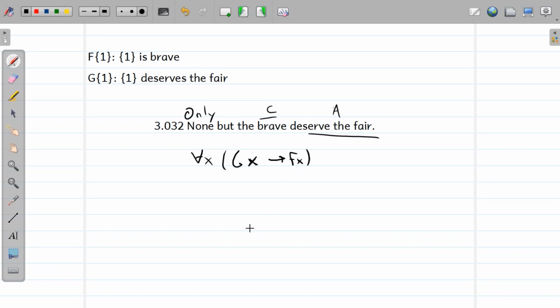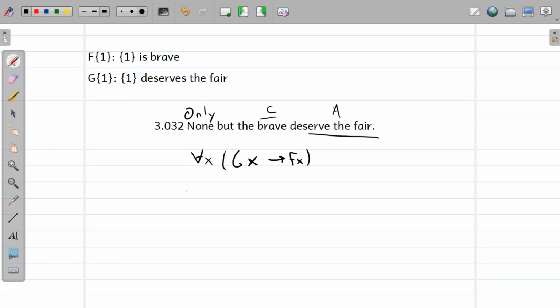Can anybody think of a logically equivalent way of symbolizing this that's not this one? I mean, this is logically equivalent to itself, but that would be just silly. Yeah, just say the sentence. There does not exist something that deserves the fair and is not brave. Good.